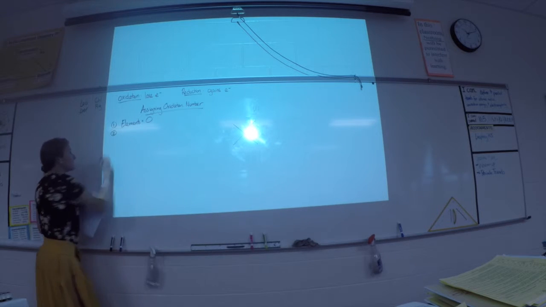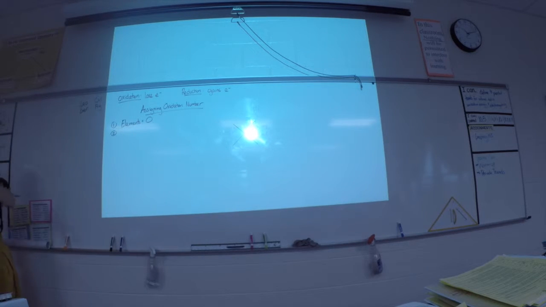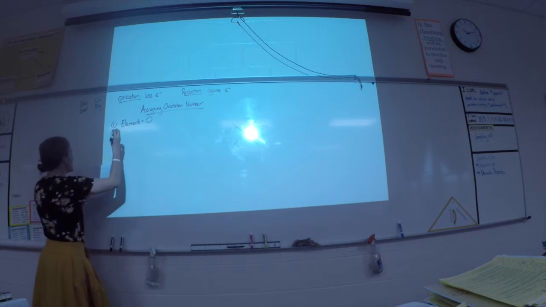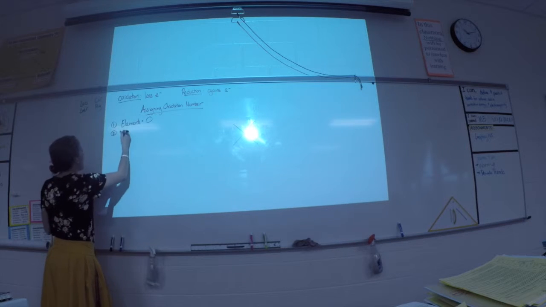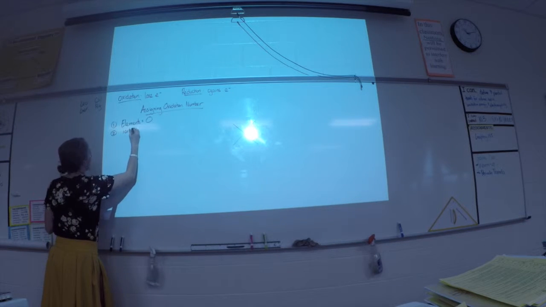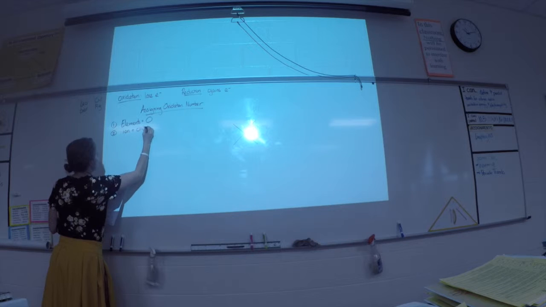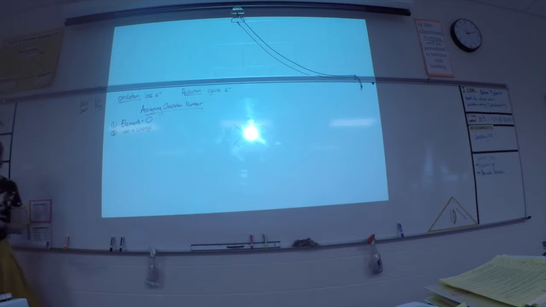This was chapter 4, and I'm simplifying how I think about the official rules. Rule number 2 is if it's an ion, the oxidation number equals its charge. So if it's a +2, then its oxidation number is +2.